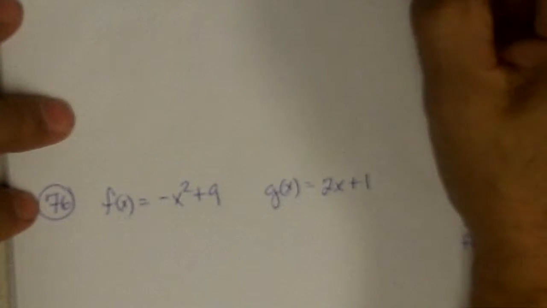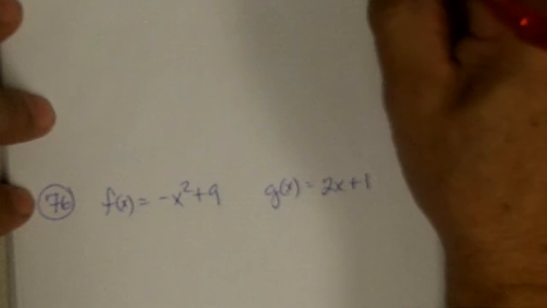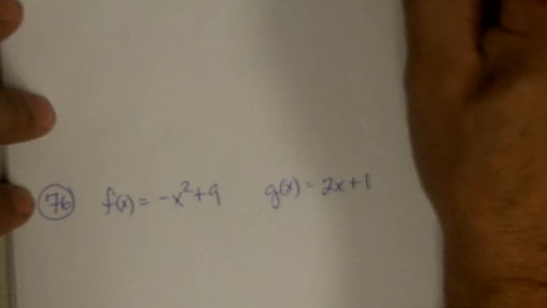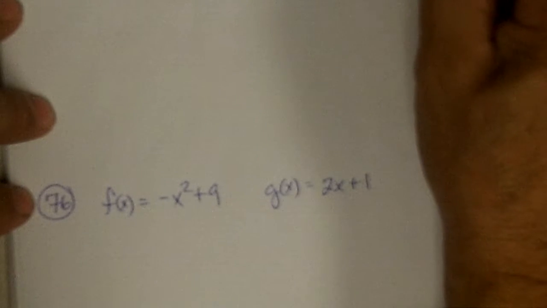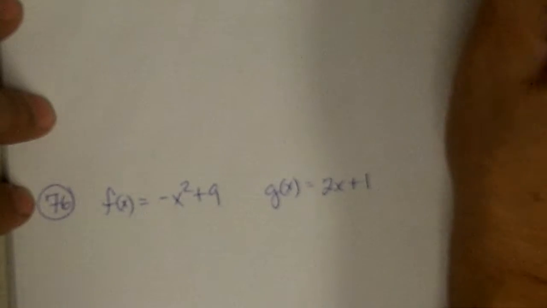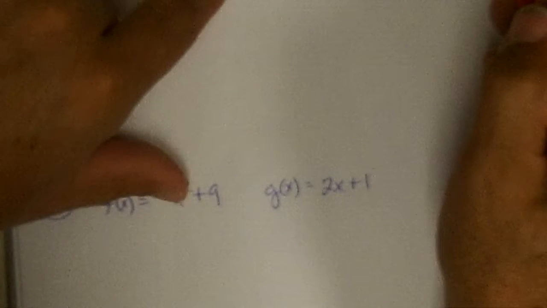I'll do the simplest one from the class, and that is, if I know the vertex, I know this form in which we have a(x - b)^2 + c, where b and c are the coordinates of the vertex.